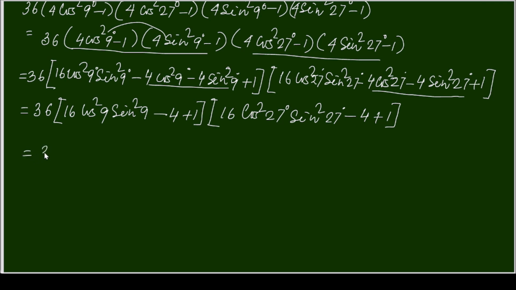Is equal to 36. If I take 4 outside, this will be 4 cos square 9 into sine square 9. Applying the double angle formula, this will be sine 18 degree, minus 3.